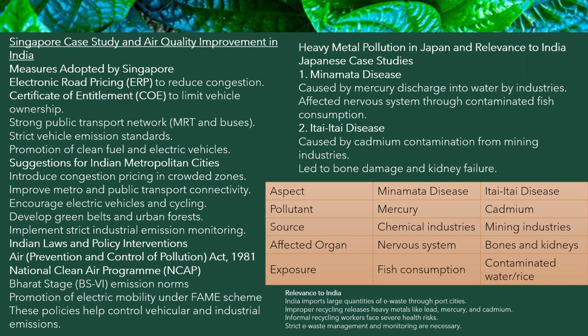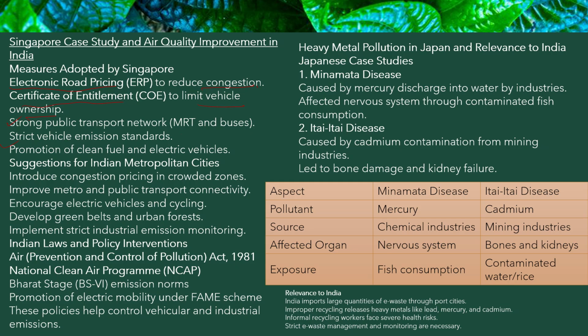Now, Singapore case study and air quality. We have seen electronic road pricing, we've seen certificate of entitlement, which reduce congestion and limit vehicle ownership. We saw that a strong transport network needs to be there, and promotion of fuel-efficient and electric vehicles. So now this is what we have covered.